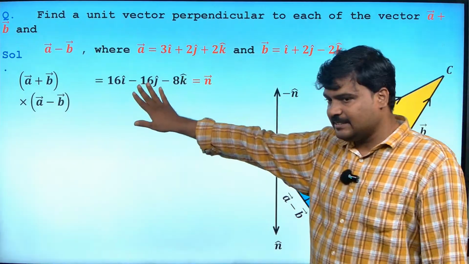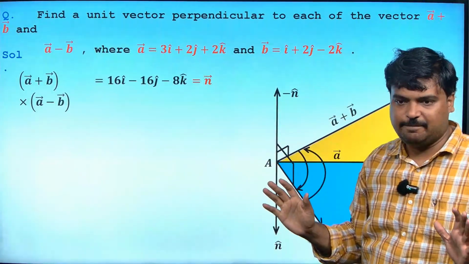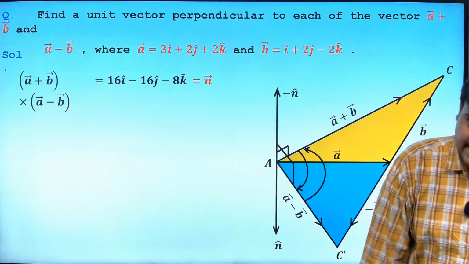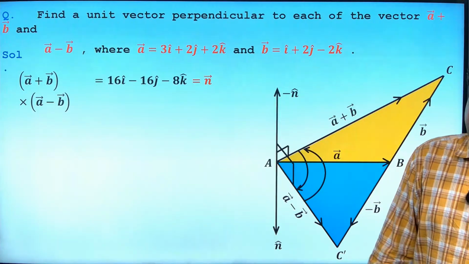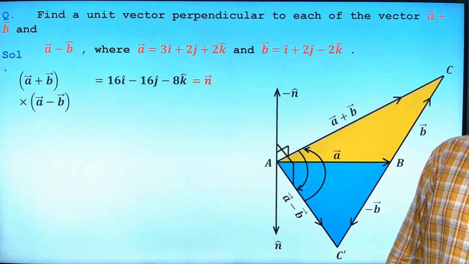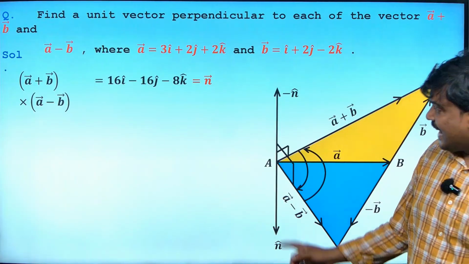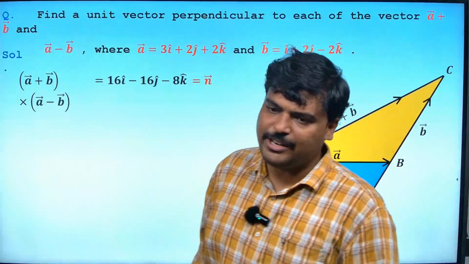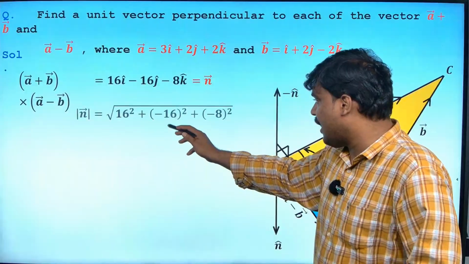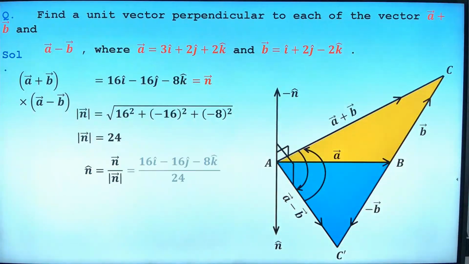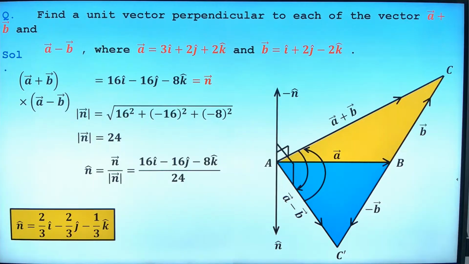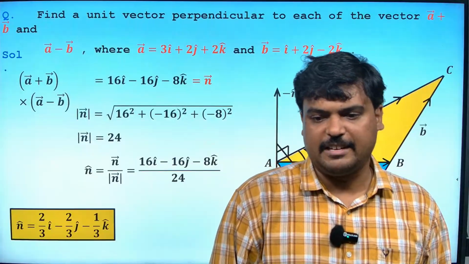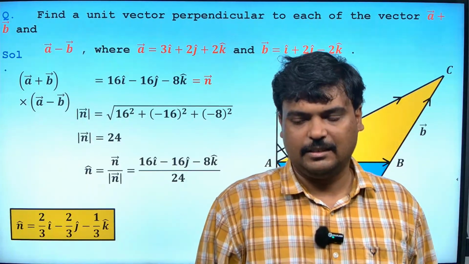So I will add, I will subtract, I will get two vectors, and after getting the two vectors A plus B and A minus B, I will go for the cross product to get the vector which is perpendicular to them. After finding that, they are asking for the unit vector. If you only do the cross product, I won't give marks, so find the unit vector. So I will find the magnitude of that and divide. Is it clear? When should you do this? If they ask to find the perpendicular vector of two given vectors. Okay.